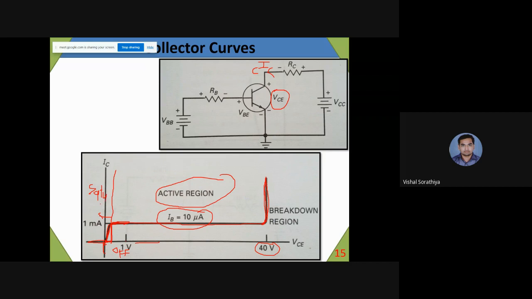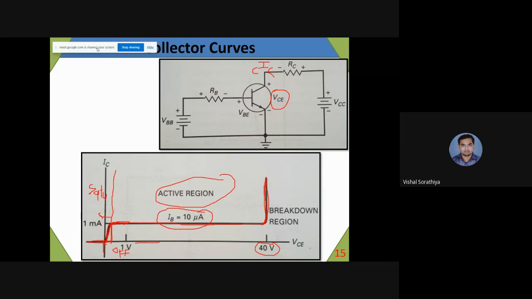So until you apply a sufficient amount of voltage, current will not start to flow. Once it flows, it continues up to a particular region until breakdown. If you apply a very high voltage, more than 40, then the transistor gets damaged and breakdown occurs.